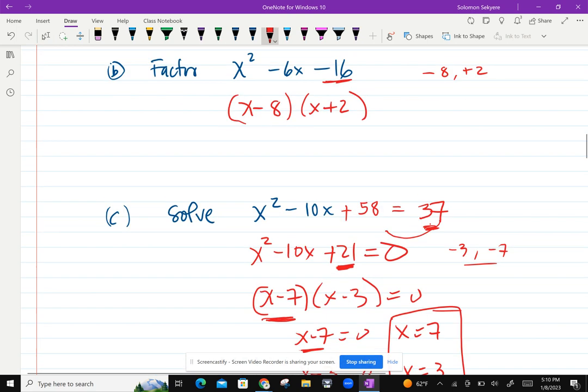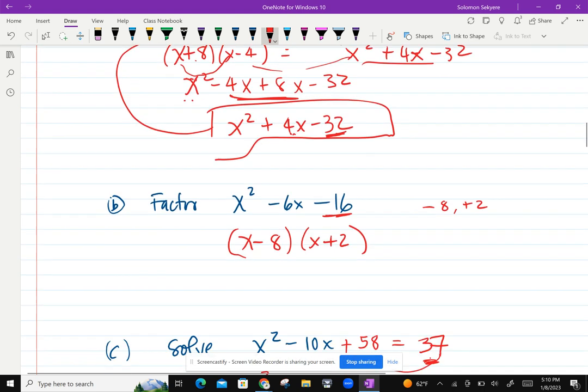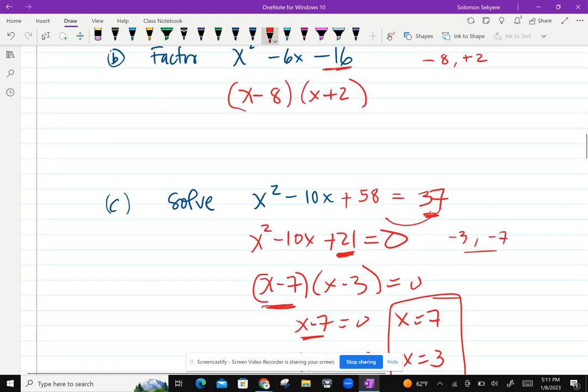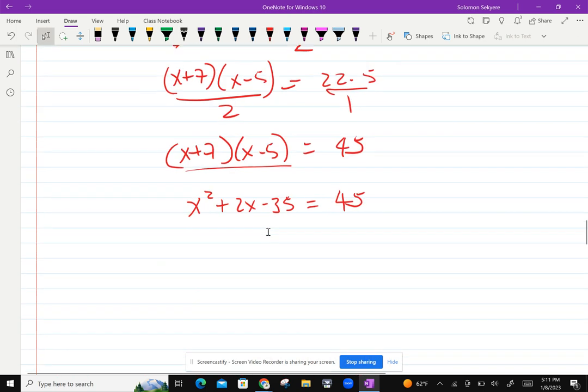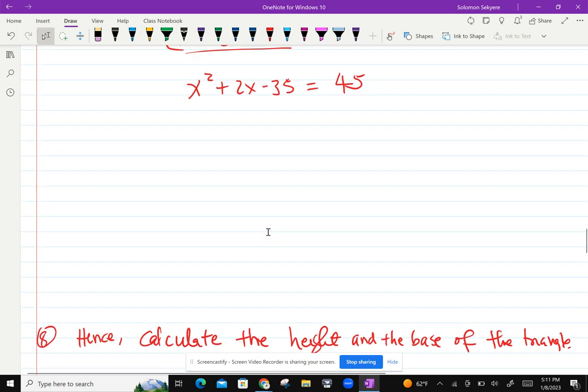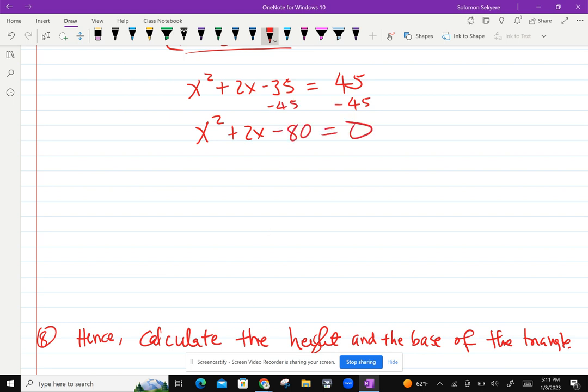And then from the last question, when you have something like this, you move everything to the left to make it equal to 0. So you have x squared plus 2x, and we need to subtract this 45, and then minus 80 equals 0.